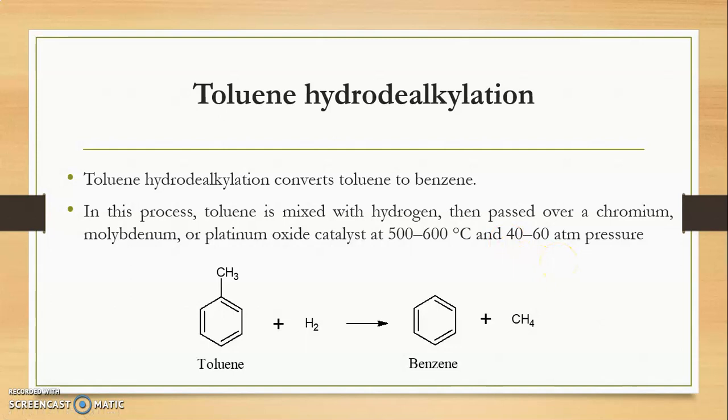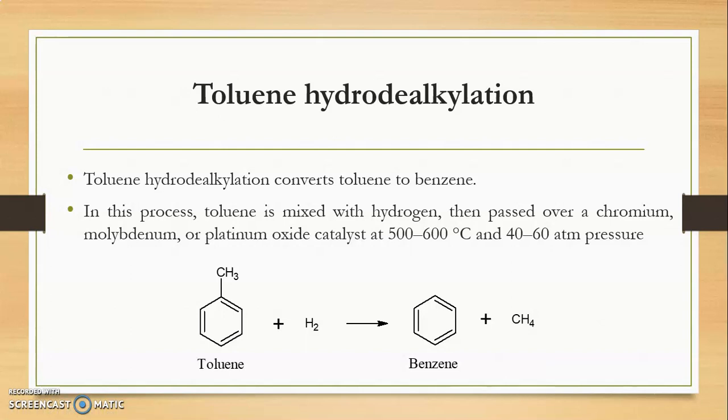Due to the addition of hydrogen at high temperature and high pressure, the alkyl group present here is removed, and this toluene is converted into benzene, and this methyl group is converted into methane, which is available in gaseous form and can be easily separated from the benzene. So this is the third method used for the preparation of benzene.